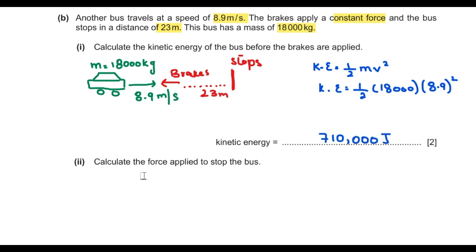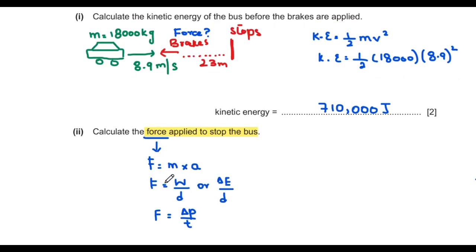joules. Second part says calculate the force applied to stop the bus, or we can say the force which these brakes are applying to stop this bus. So we have multiple formulas to calculate force. I am not using the first one because I don't have acceleration, neither can I calculate it by any means, and I cannot use this formula because I don't have time.